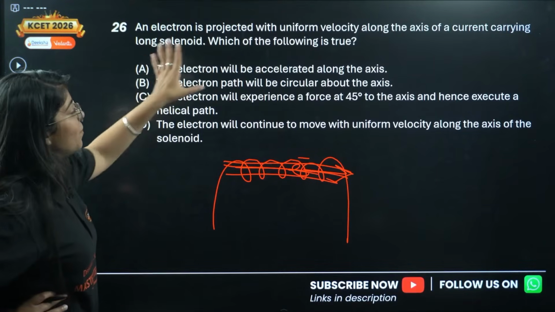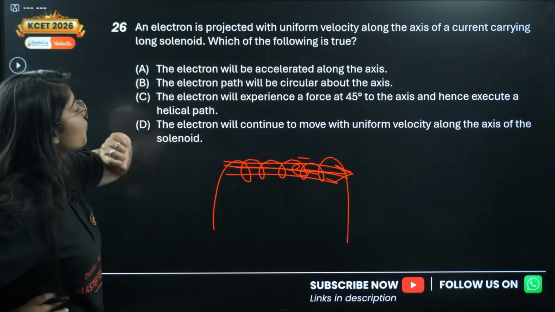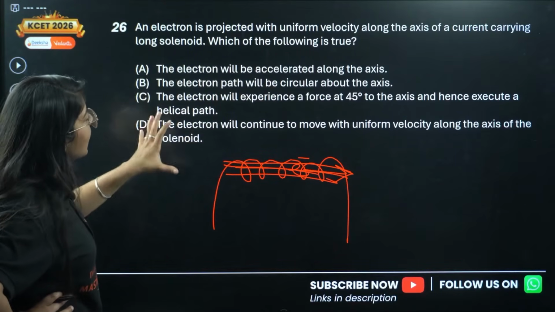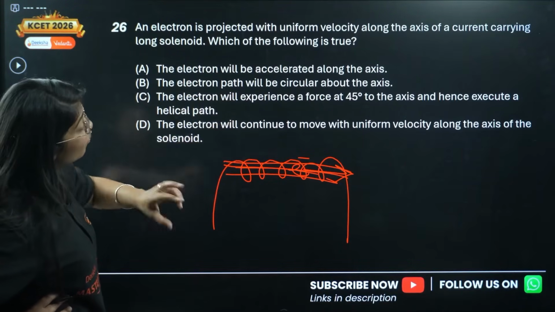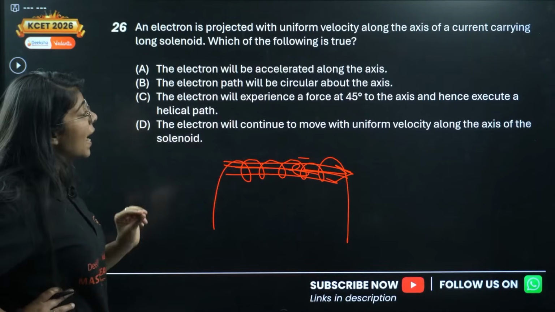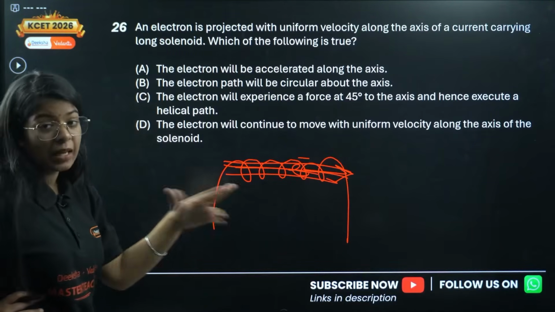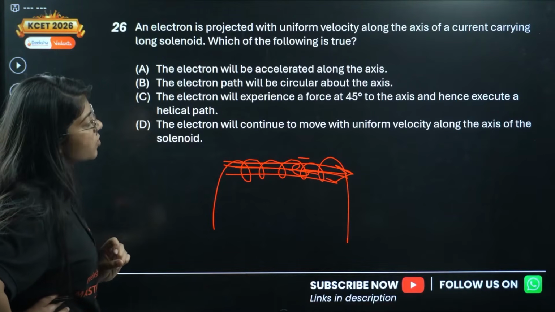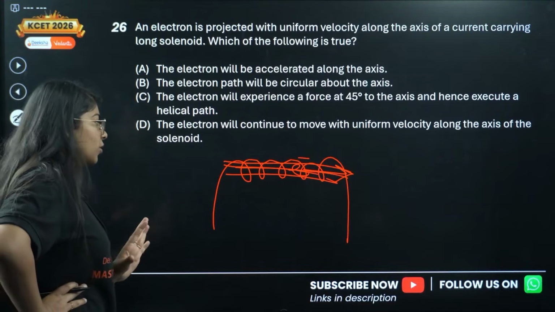The electron will be accelerated along the axis, or the electron path will be circular along the axis, or the electron will experience a force at 45 degrees to the axis and hence execute a helical path, or the electron will continue to move with uniform velocity along the axis of the solenoid.